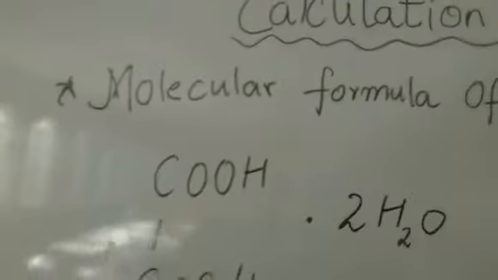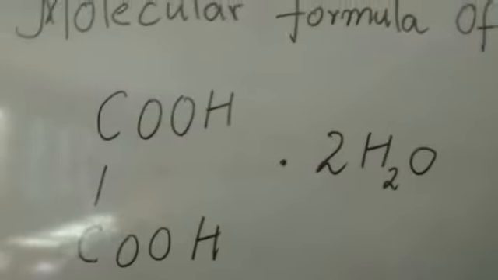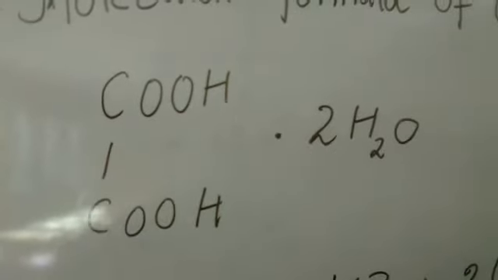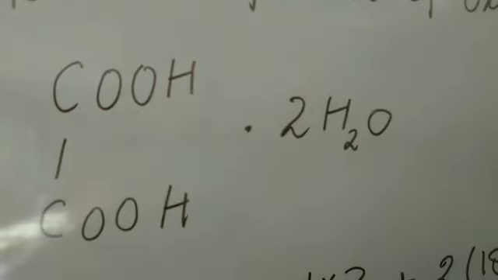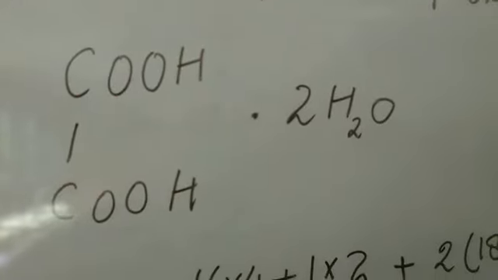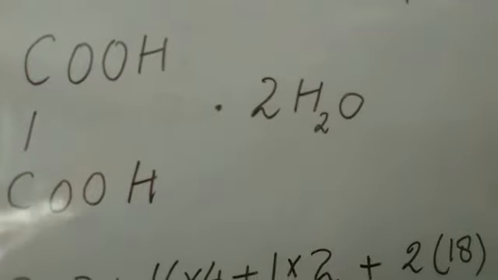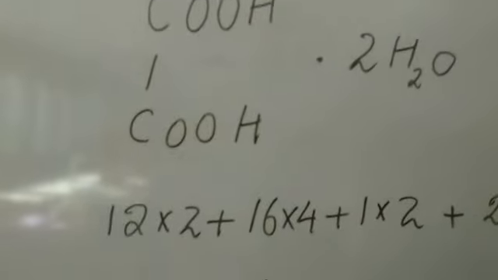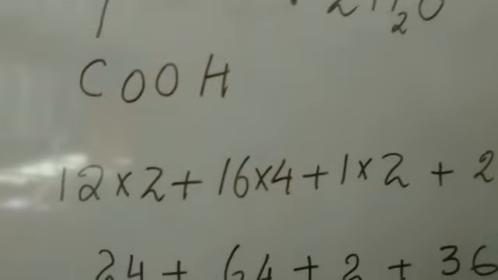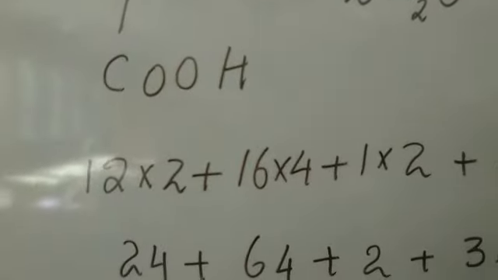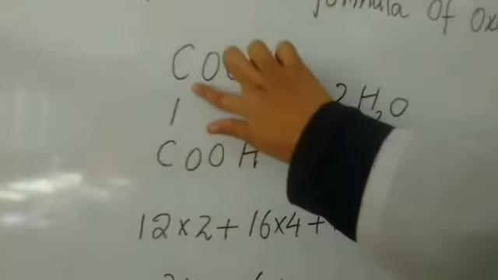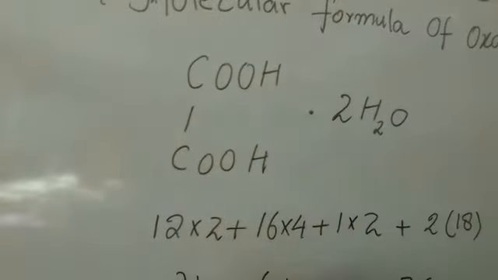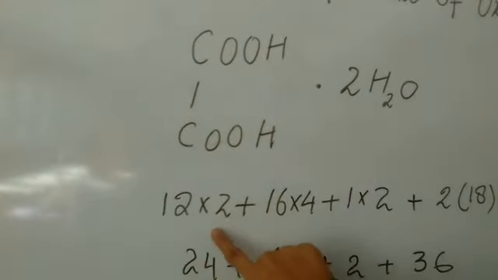The molecular formula of oxalic acid is COOH, COOH.2H2O. The C was carbon. Carbon atomic mass is 12. So as you see, there are 2 carbons, so we multiply by 2.